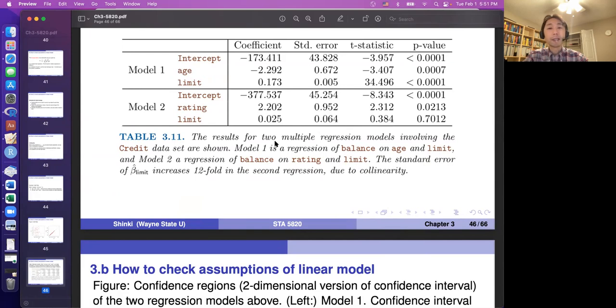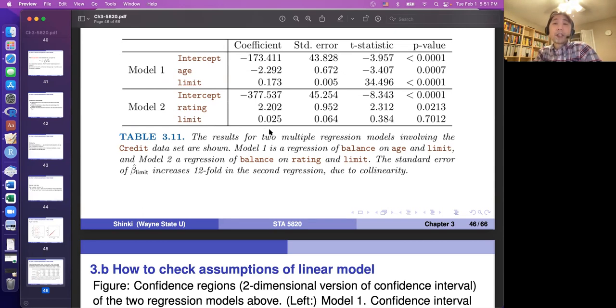So what does this mean? Basically the rating and limit are really related. So these coefficients are not reliable. So for 0.025, possibly it's larger, or basically these two capture similar things. So it's not really meaningful to divide the effects of these two factors.